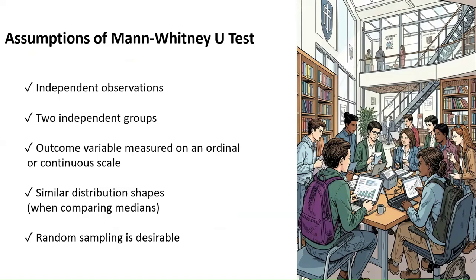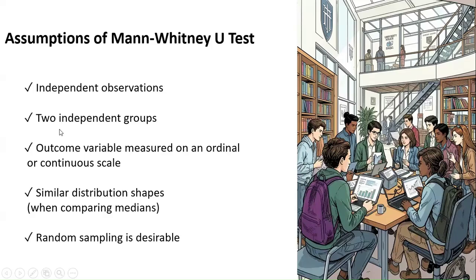Before applying any statistical test, we must verify its assumptions. Although the Mann-Whitney U-test is less restrictive than the independent samples t-test, it still has a few important requirements. First, observations should be independent. This means one participant's measurement should not influence other participants' measurements.